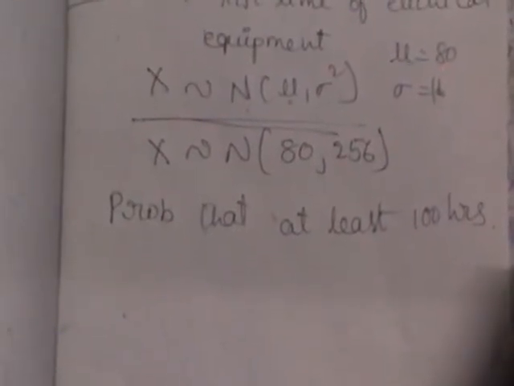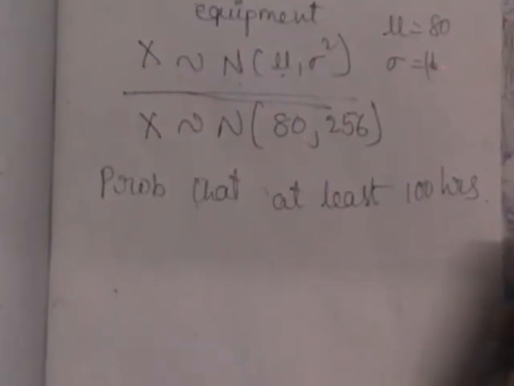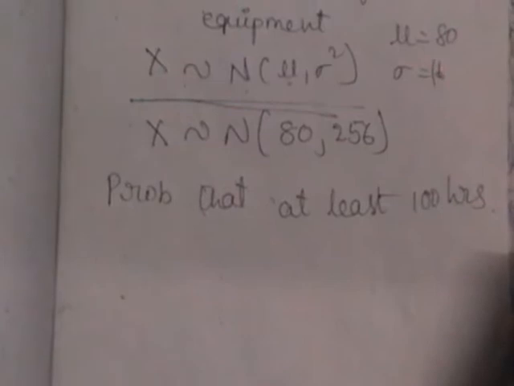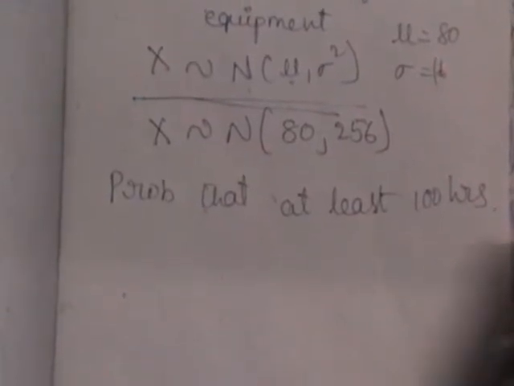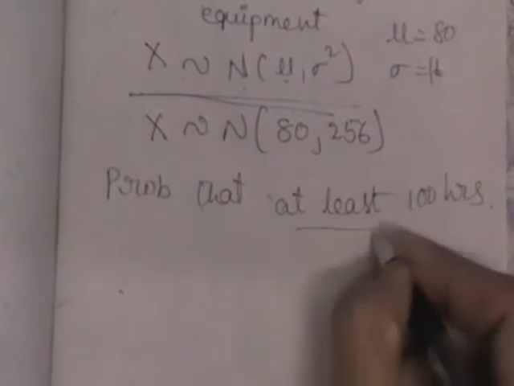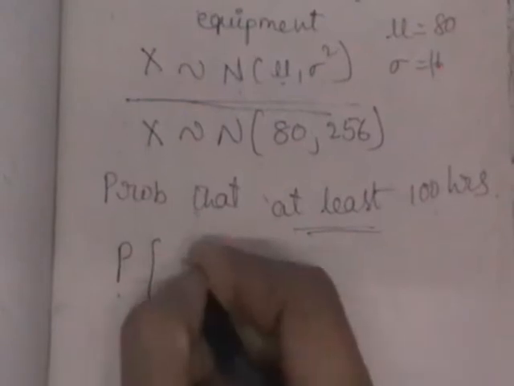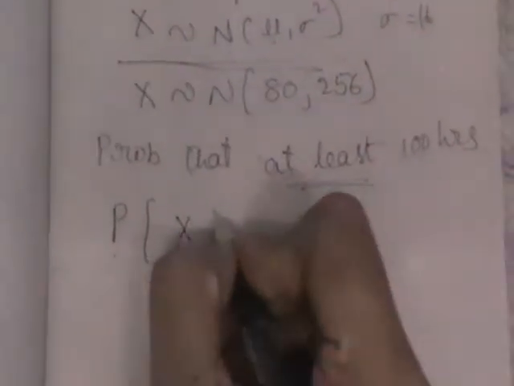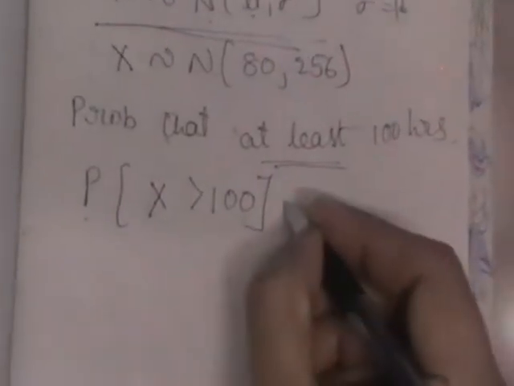At least means that given value or more. You should get at least 40 marks in the examination means that you should get either 40 or more than that. Similarly, if the lifetime should last for at least 100 hours, as X is the lifetime of the equipment, you need to find out the probability X greater than or equal to 100.